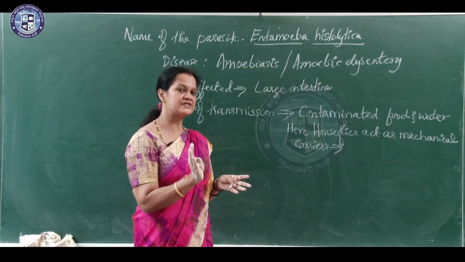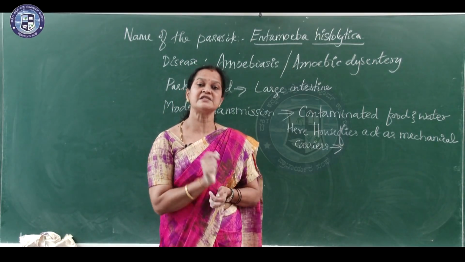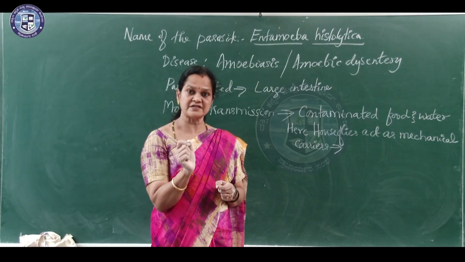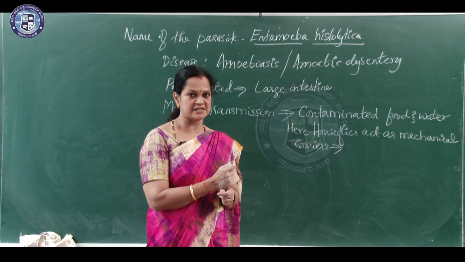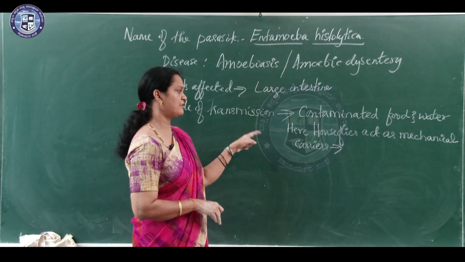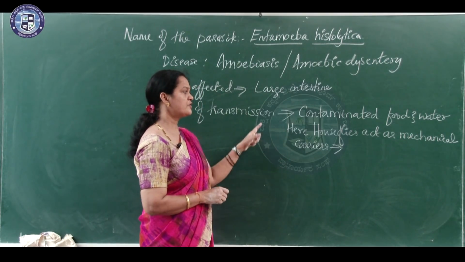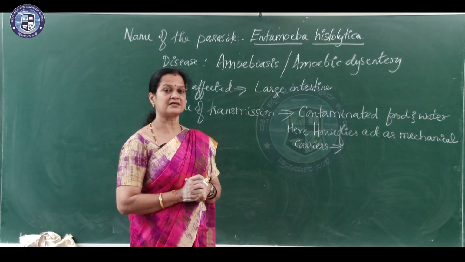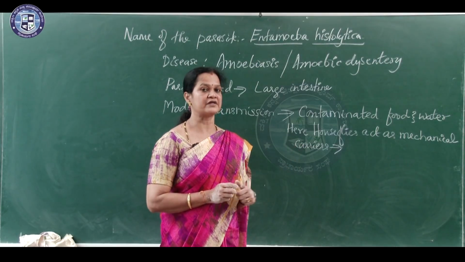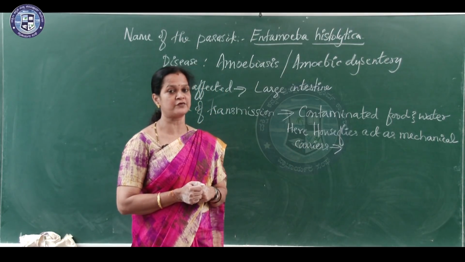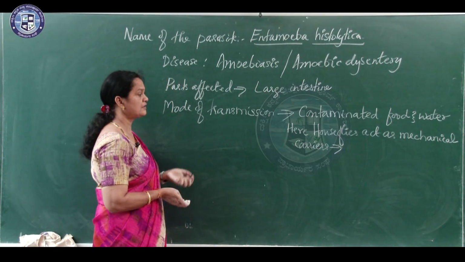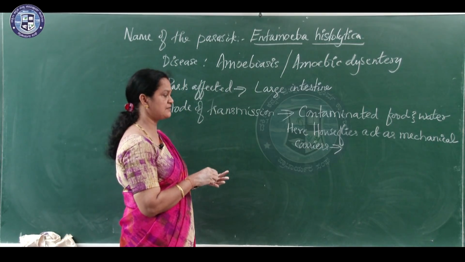They are just physical carriers. Mechanical carriers means physical carriers. The life cycle will not proceed in its body, it just carries the cyst of amoeba from the feces. So, when the food and water are contaminated by the cyst of amoeba, we get the infection by consuming such foodstuffs or water. Okay? That is how it is transmitted.